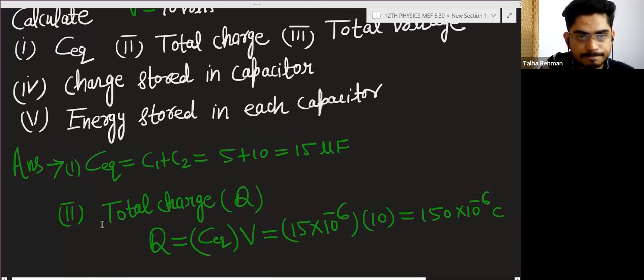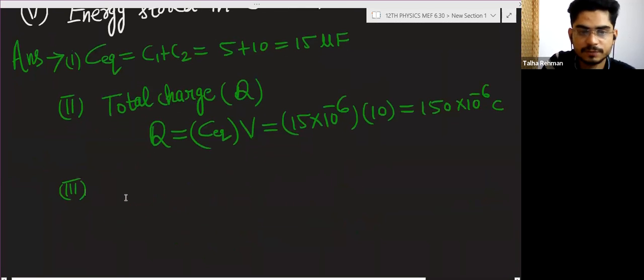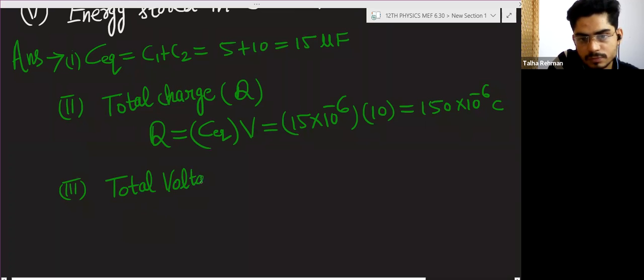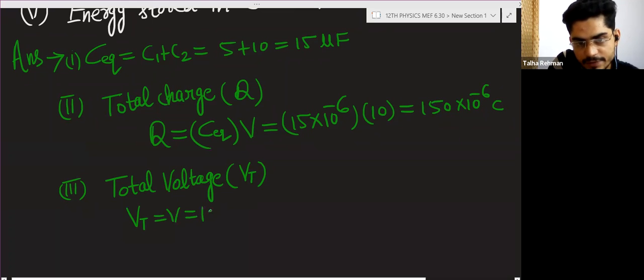Now, third part is total voltage. Total voltage is 10 volt. V total is equal to V, and that is equal to 10 volts.